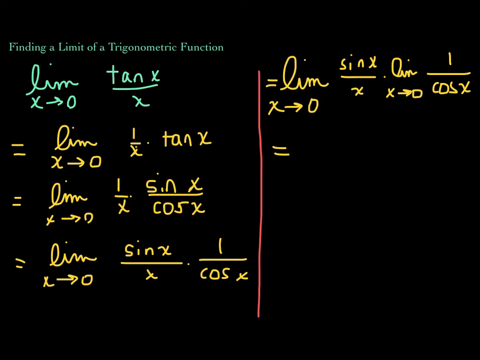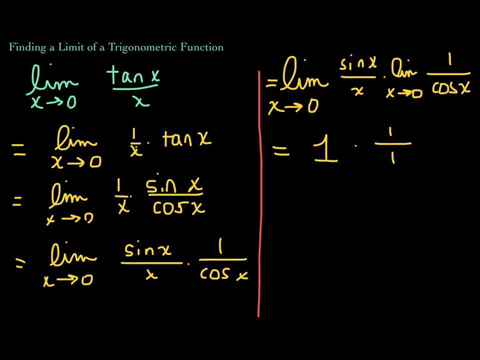So the first limit is equal to 1, and the second one is equal to basically 1 over 1, because remember that the limit of cosine of x as x approaches 0, well, first of all, the numerator is constant, so that's just going to be 1, by our constant function rule.